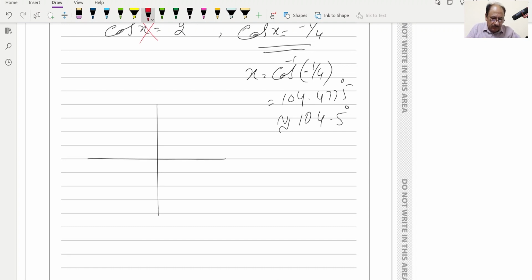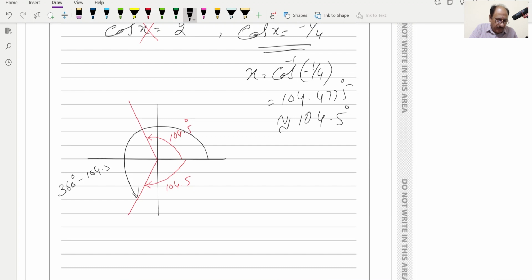We can draw the angle. 104 will be roughly in this quadrant, and the negative side of 104 will be on this side. So this angle is 104.5 degrees, and the second angle is, originally this one is 104.5, but we have to take this angle from here to this one, and this will be 360 minus 104.5 degrees.